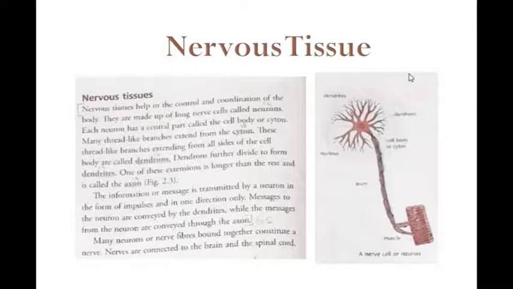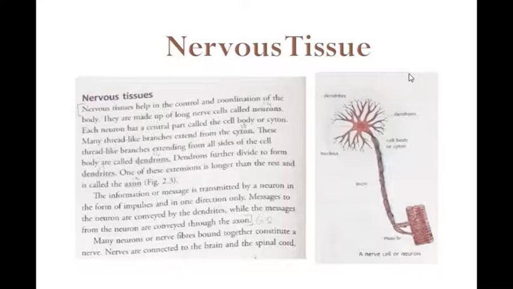Many thread-like branches extend from the cyton. These thread-like branches extend from all sides of the cell body and are called dendrons. Dendrons are further divided to form dendrites. One of these extensions is longer than the rest and is called an axon.